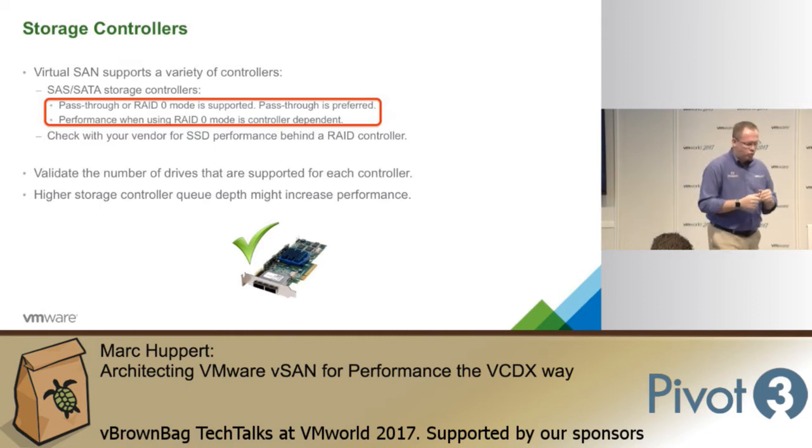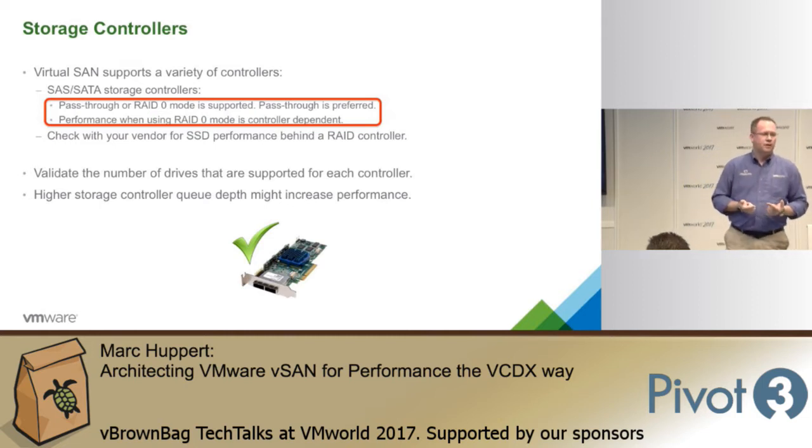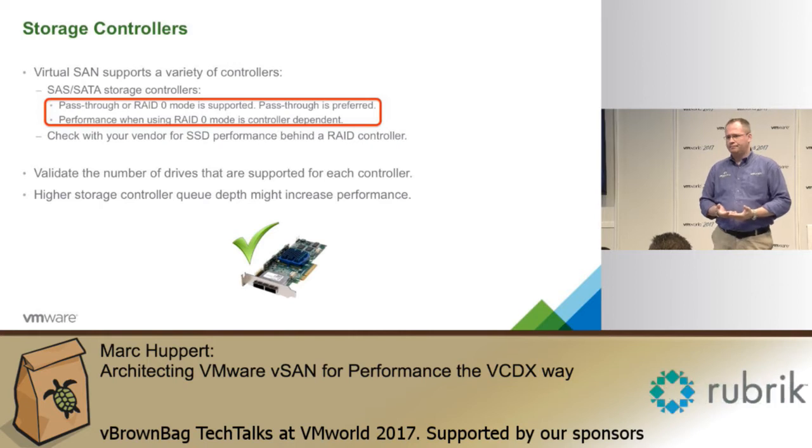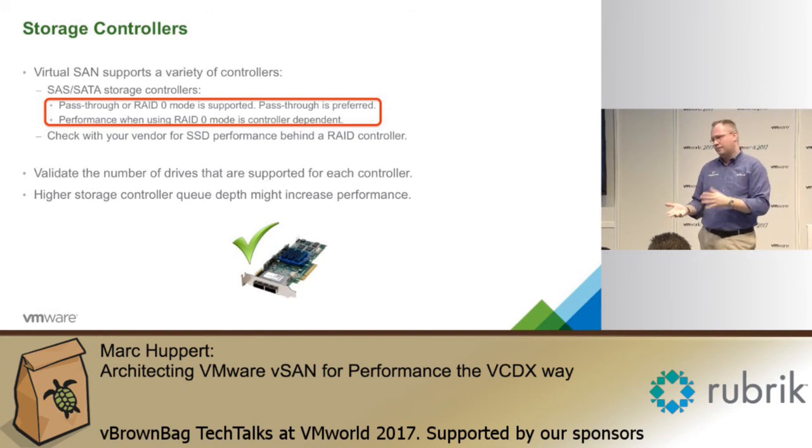The main problem is when replacing a device. With RAID 0 configuration, the device is defunct, you remove it, you insert a new device, and then you can't do anything, because you need to create a new RAID 0 configuration, get rid of the old one, and then go into the web client and add the device again.